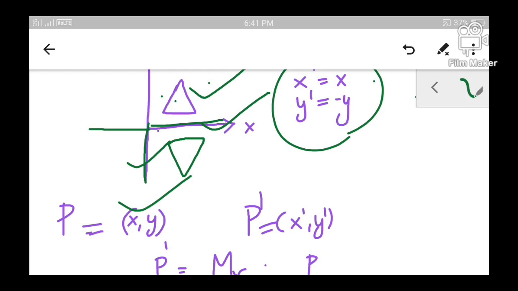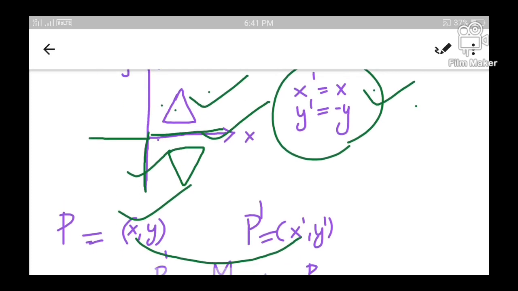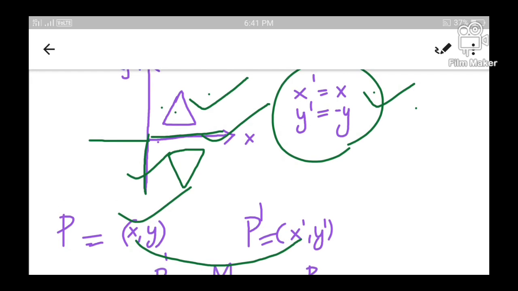So what is the way in which you can obtain x dash from x? Since this is a reflection about x-axis and there is no change in x values even after reflection, x dash is same as x. Therefore, I have written x dash is equal to x. What about the y values?